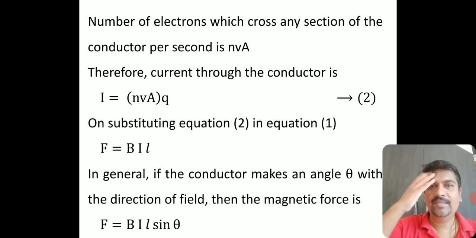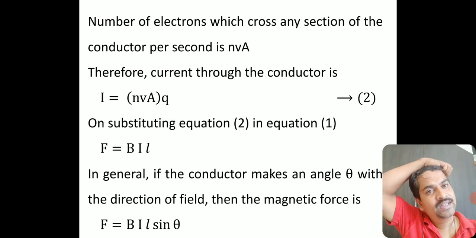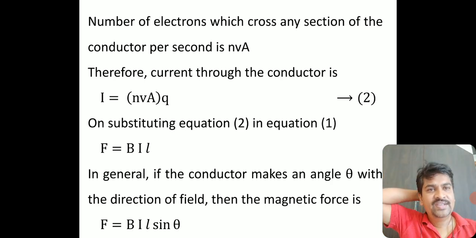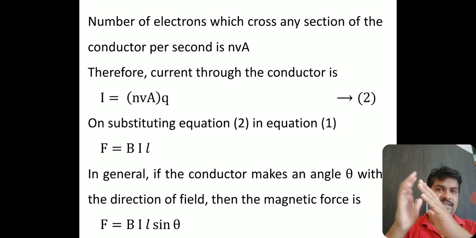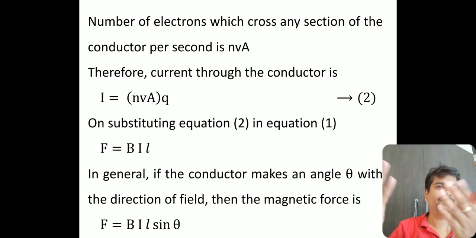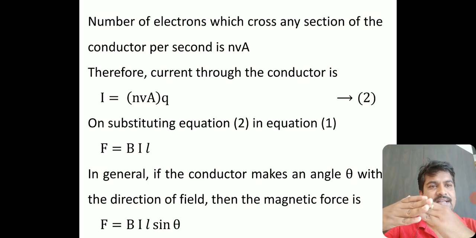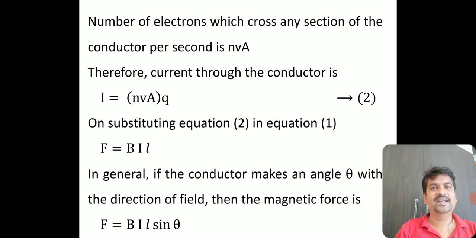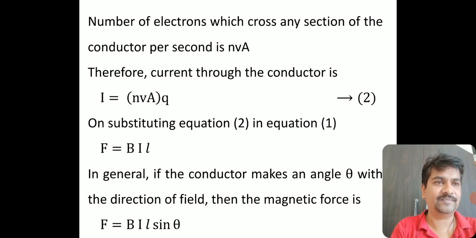So in general, if this conductor is making an angle theta with the direction of magnetic field, if it is 90 degrees, fine, it is BIL. If it makes an angle theta with the magnetic field, I have to write this F as BIL sin theta.